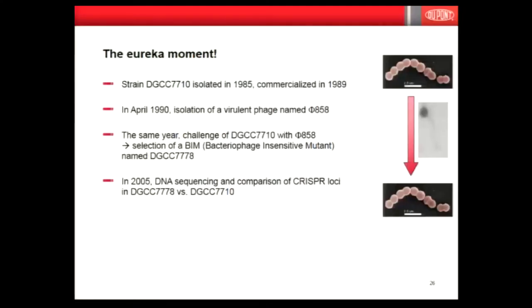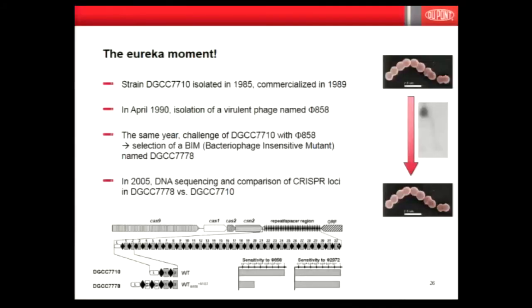We used this phage and selected a variant that we named 7778, that was absolutely identical at the level of the functionalities, because it's a BIM, what we call a bacteriophage insensitive mutant. And it's only 15 years later that we understood what happened to this strain.